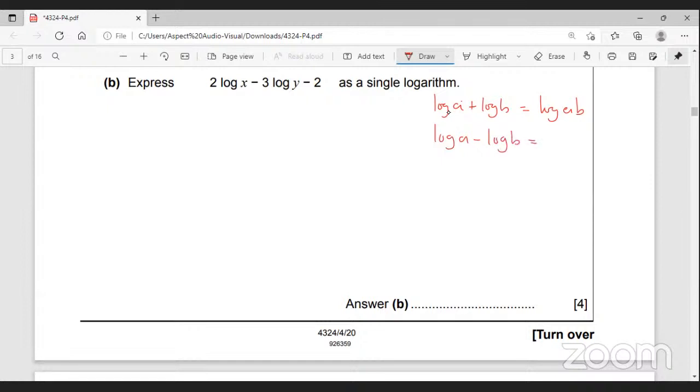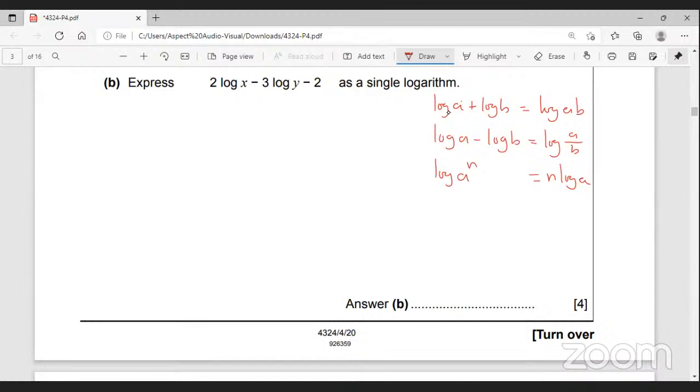When you subtract, you divide, it's going to be log A divided by B. And then we have what is called the power law. When you're having log A to the n, it's actually n log A. So you should be able to know those rules.